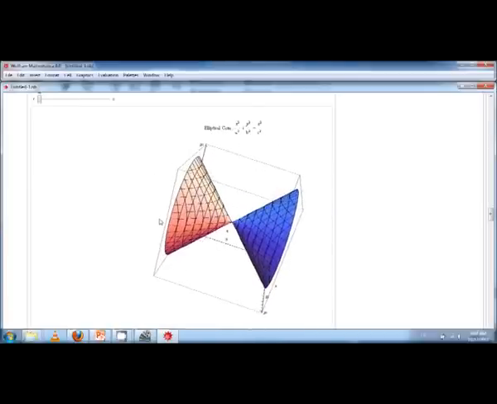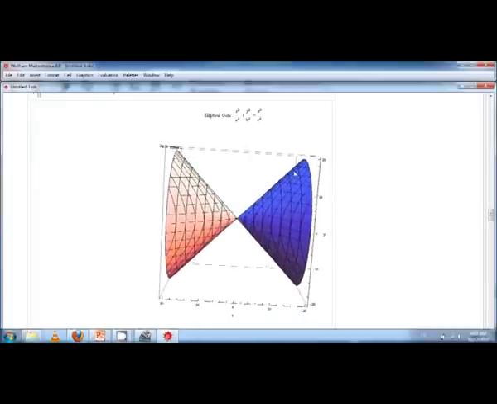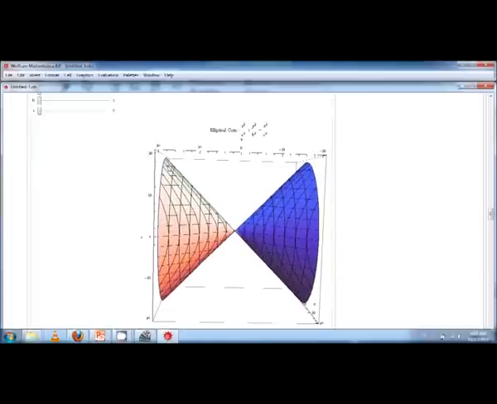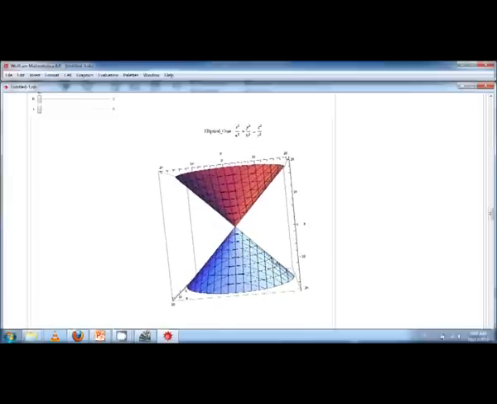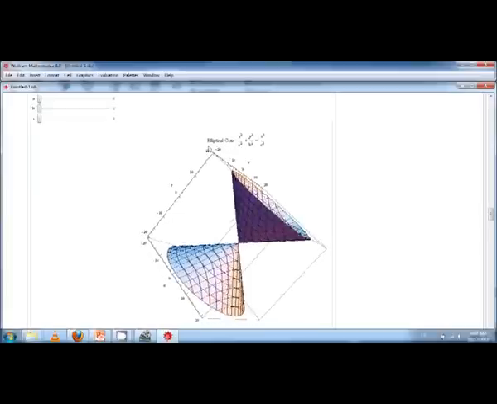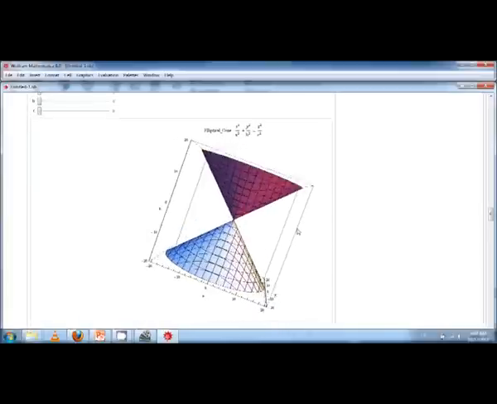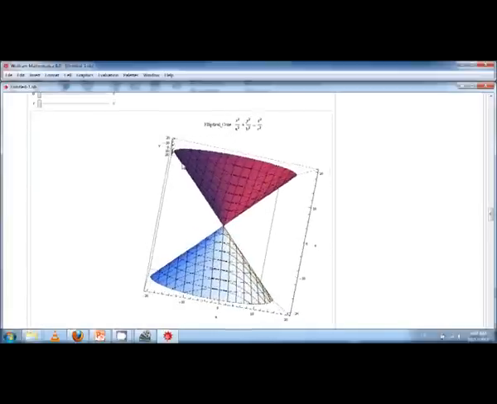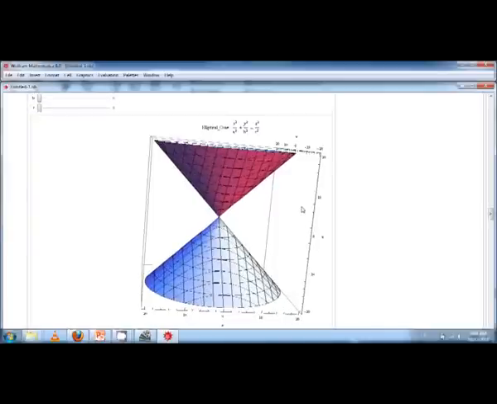For the yz trace, we see that the graph gives us two intersecting lines. For the xz trace, we see a similar case.